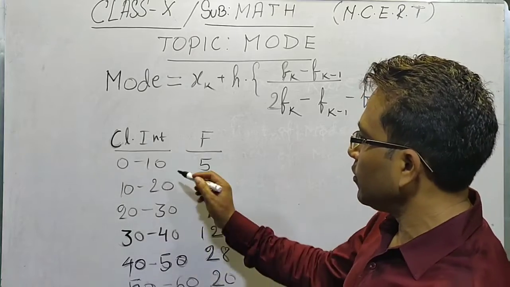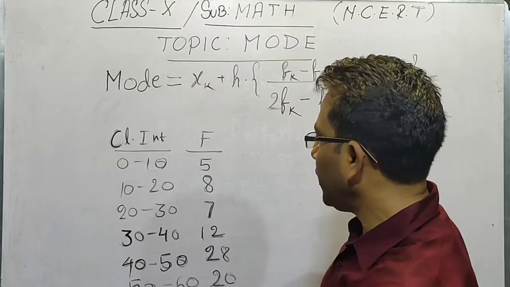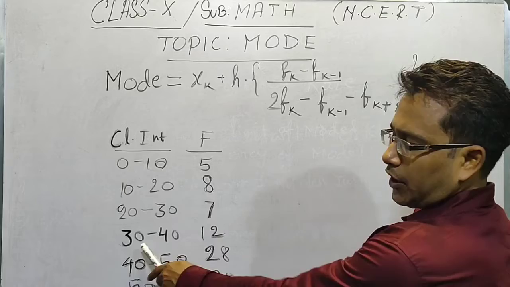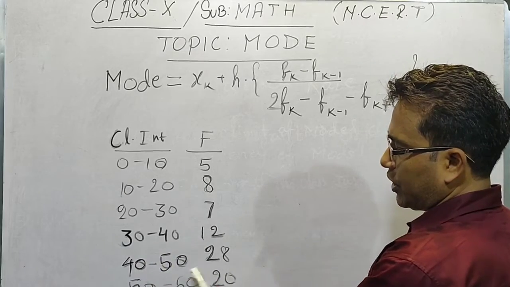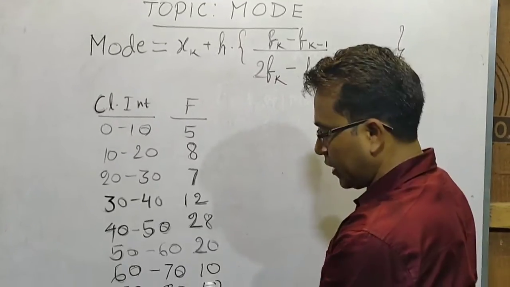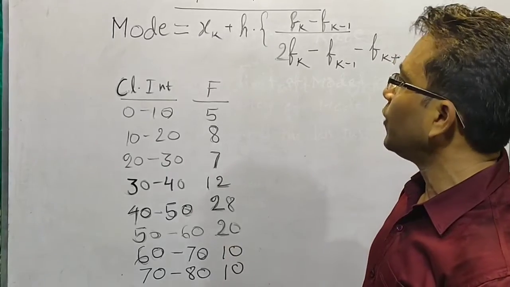Class intervals 0 to 10, 5; 10 to 20, 8; 20 to 30, 7; 30 to 40, 12; 40 to 50, 28; 50 to 60, 20; 60 to 70, 10; 70 to 80, 10. These are the class intervals, these are the frequencies.